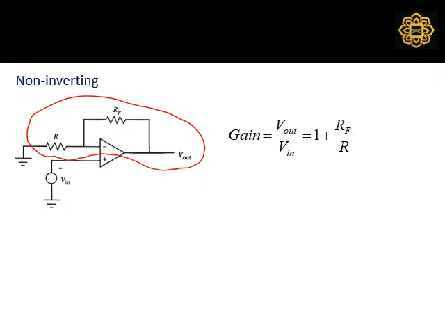This is the voltage divider circuit, because the input is coming in directly here and this is connected to the ground. Let's say you have voltage V1 here. So V1 equals V out times R over R plus RF.